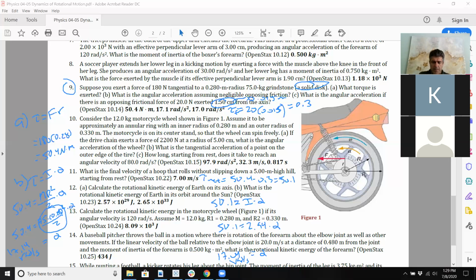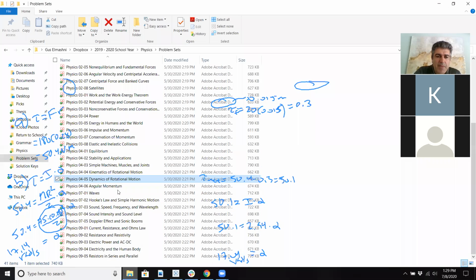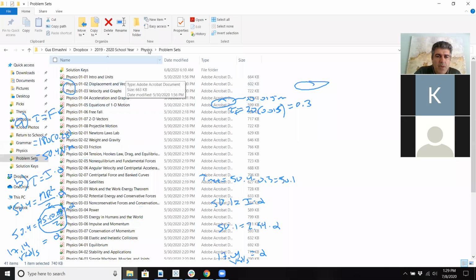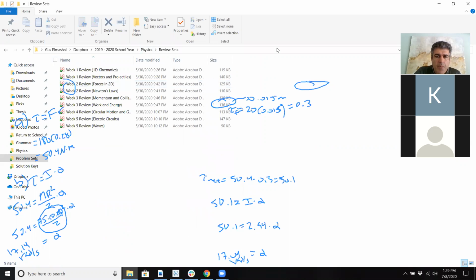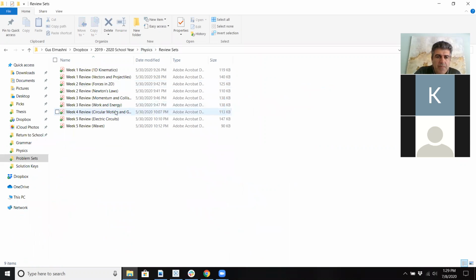Also, we will do more review on this stuff. Actually, we do have a review set. I just realized that. I know we did review sets for circuits and waves already, but we do have a review set on rotational motion.